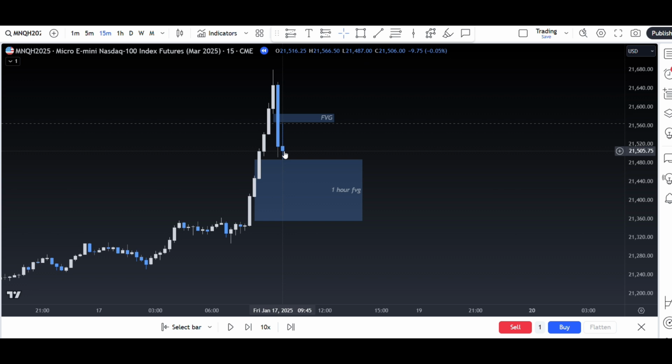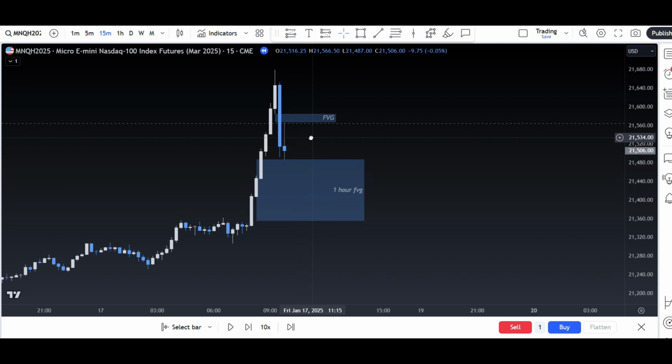Then we closed. If I wanted to take this 1 hour low, I want price to come into some form of area of interest before going lower. So I want price to go higher before going lower. We have a 15-minute fair value gap here. So I would want price to come into my area of interest and then go down into the 1 hour chart or into the 1 hour fair value gap.